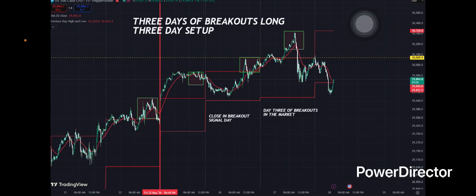Now, either way you mark this up, whether you start on Friday or you start on Monday, we have 3 days of breakout traders in the market. This type of setup can occur on the 3rd day of breakout traders in the market, or that 3rd day of breakout traders can be a signal day and we're looking for the trade the following day.